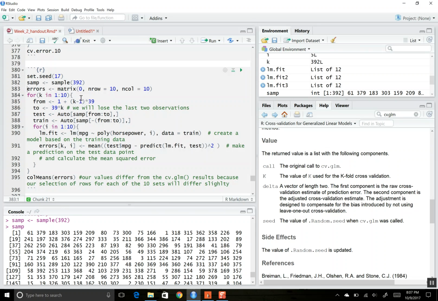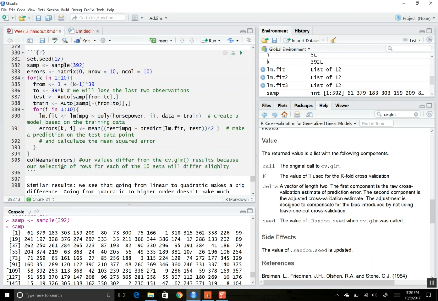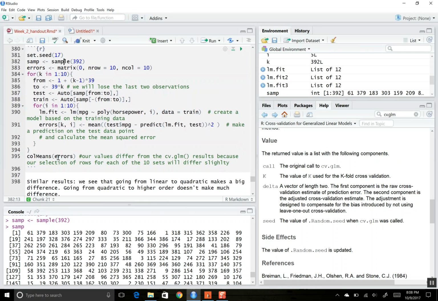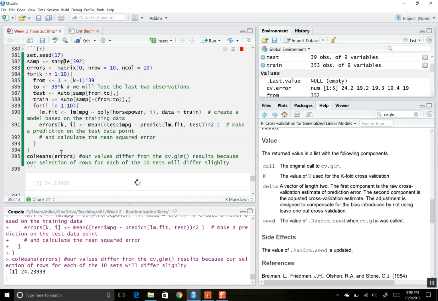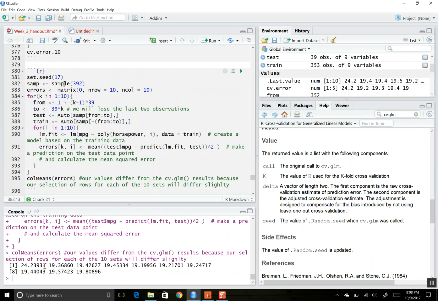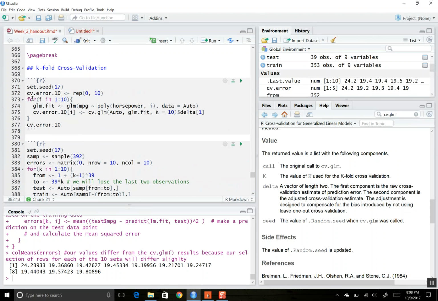So we're fitting polynomials of order 1 through 10 in this case. That's just what the textbook did. So I did something accordingly. And then after that, I take the mean of the 10 different test data sets. When I run this, I get values like 24.239, 19.368, and so on and so forth.